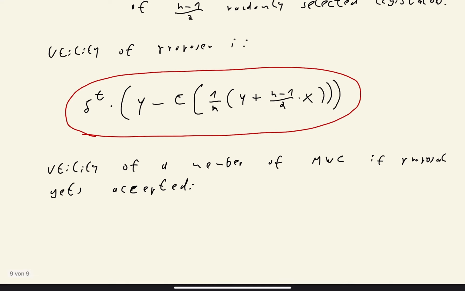Consider any member of the minimum winning coalition, a legislator who is getting a transfer of x.